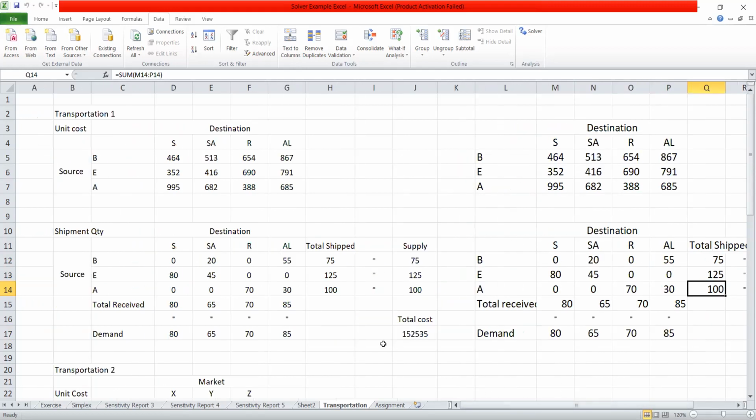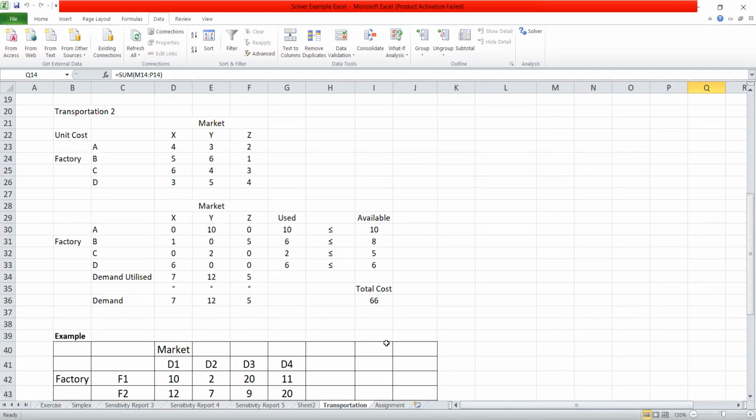So let me take you through the second example also. Here also you can see there are 4 factories and 3 markets. This is also taken from your textbook, if my memory is correct.